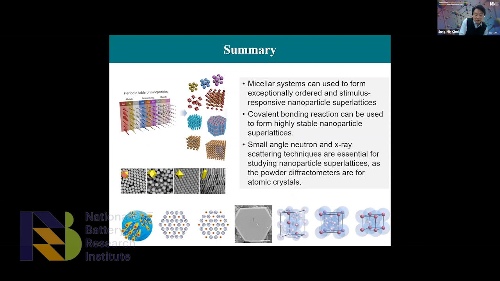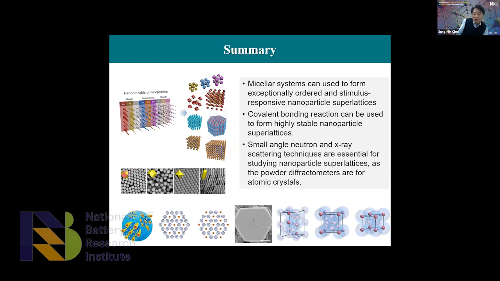So in summary, I think the micellar system and the covalent bonding reaction can be very nice approaches to form nanoparticle superlattices. With the micellar approach, we can have very ordered but at the same time stimulus-sensitive nanoparticle superlattices. And with the covalent bonding approach, we can have fairly stable nanoparticle superlattices.